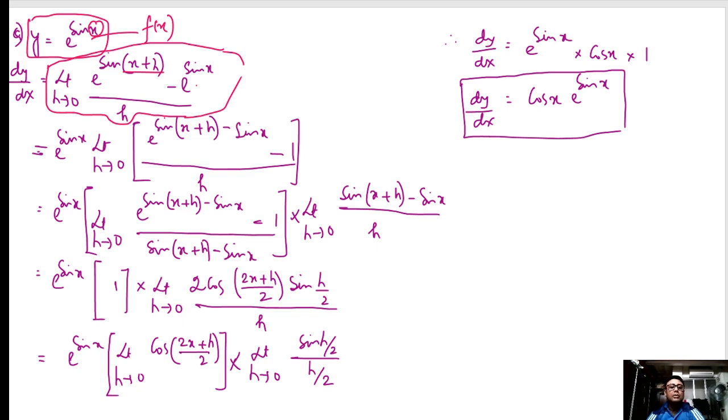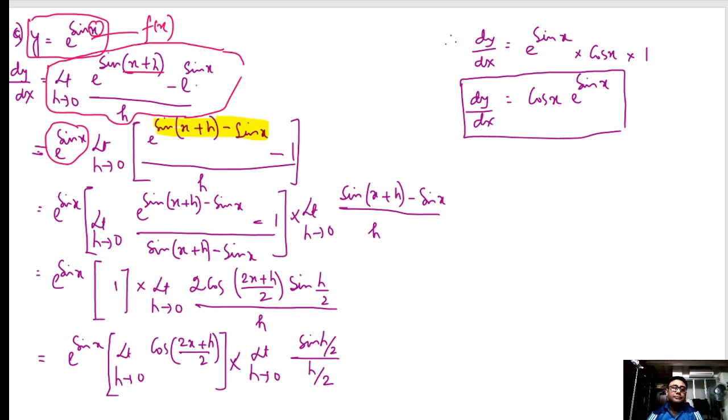Okay, so now again taking e to the power sine x common, we have to subtract the power here. So please see here, the power here now becomes this. If I take e to the power sine x common, the power of the first one will become this.